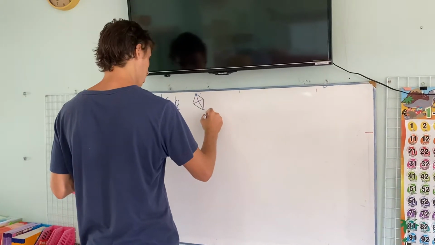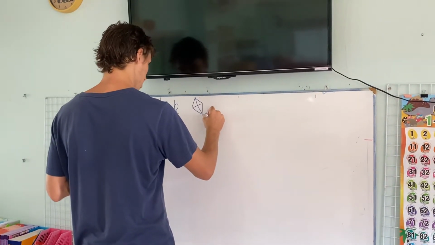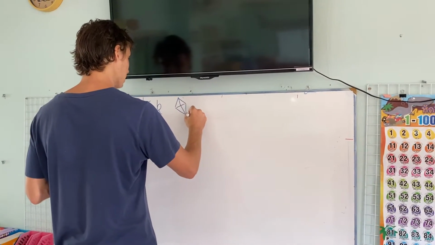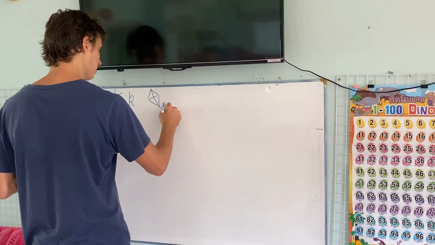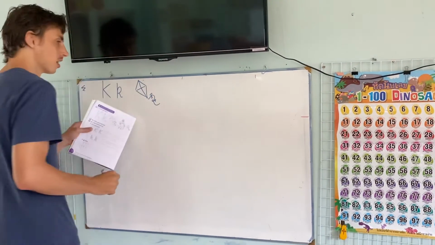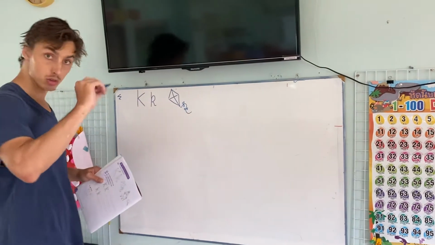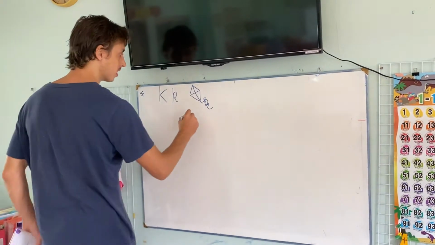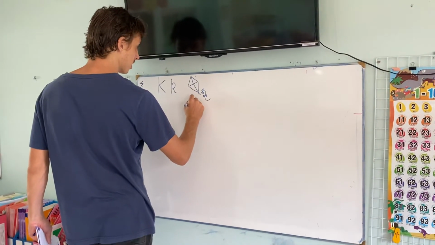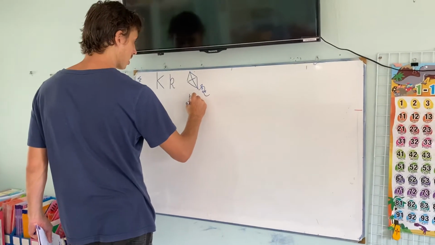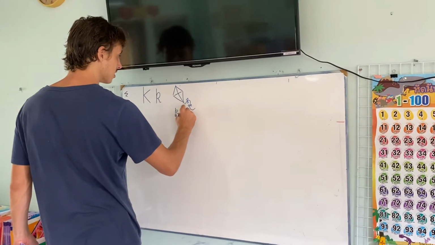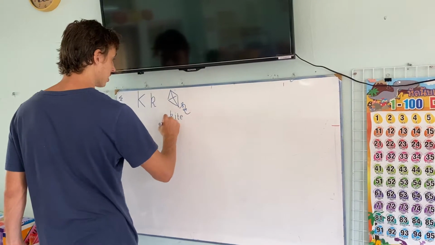This is a kite. Okay? Kite. Now I want you to write underneath here K-I-T-E. Kite.